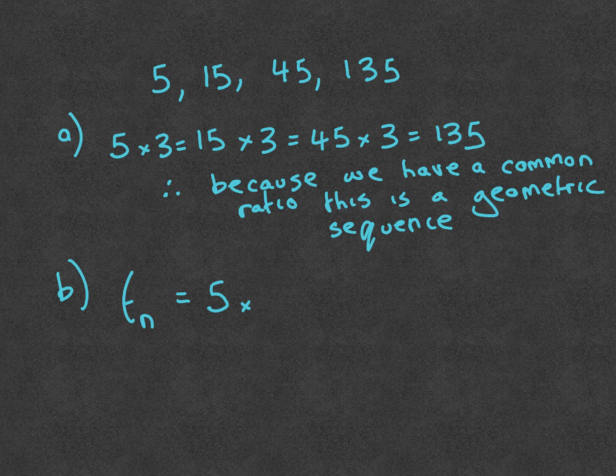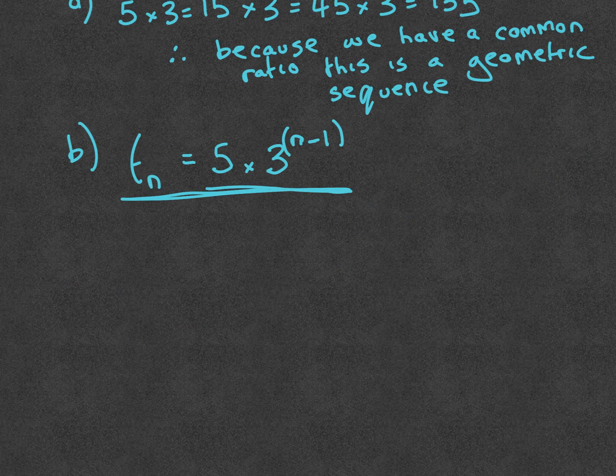The common ratio in this case is 3, raised to the power of n take 1. So n is the term number minus 1. So this is going to be the equation that is used to describe this geometric sequence here.